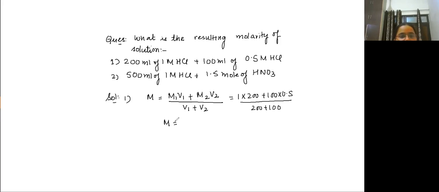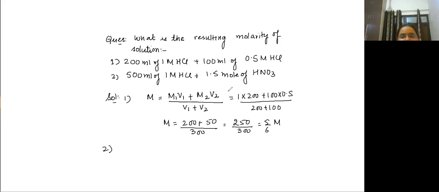No need to change ml into liter because all are in ml. So this will be 200 plus 50 by 300, so 250 by 300. So molarity is 5 by 6 molar.